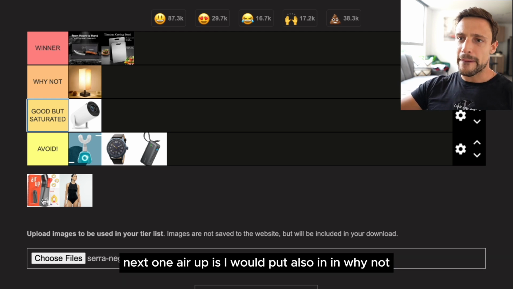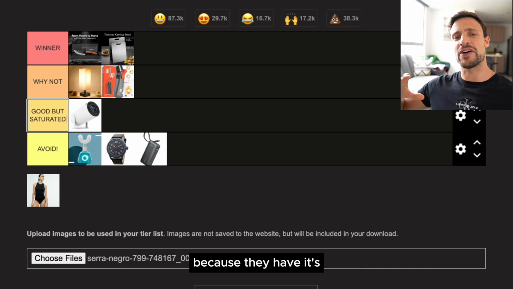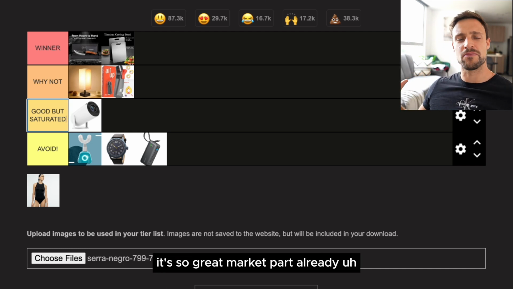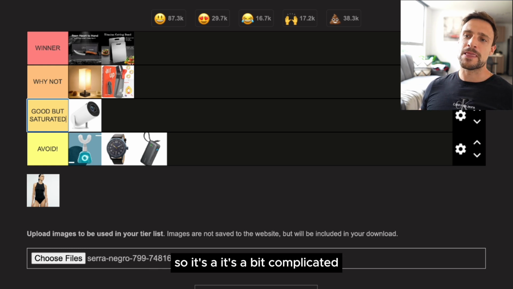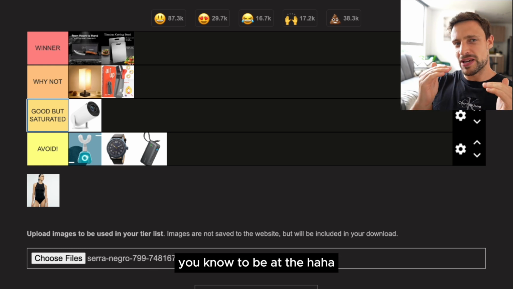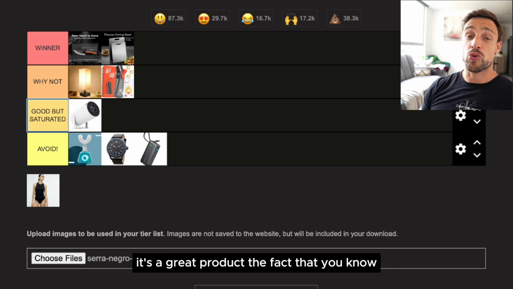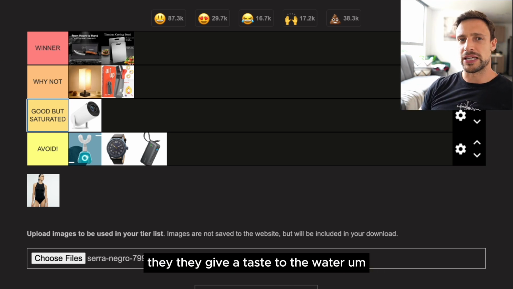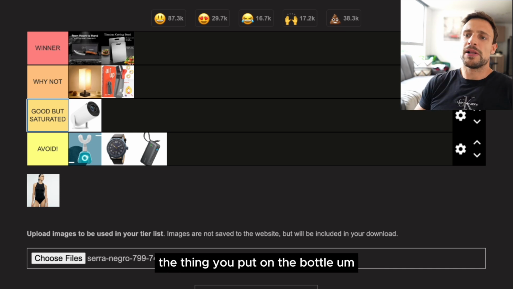Next one, AirUp. I would put it also in why not, because they already have a great market share. They're starting to be in Europe too, so it's a bit complicated to try to take some market share from AirUp. It's a great product. The fact that they give a taste to the water simply with this little thing that you put on the bottle.